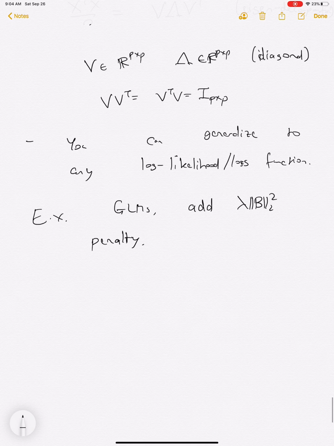Another generalization is if you believe B is not close to the origin.